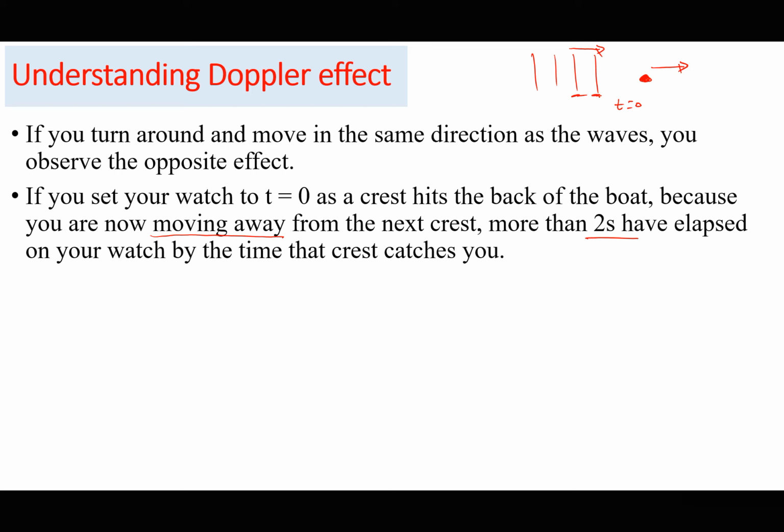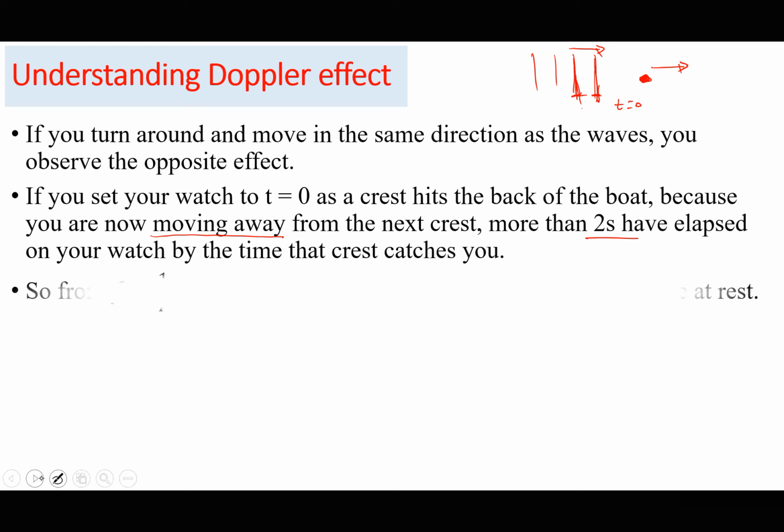So if t equals 0 when the first one hits, it is going to take more than 2 seconds for the second one to hit the boat, because you are moving away from the waves. Imagine you are running away from someone who is chasing you. That person will have to take more time to reach you, even if he's moving faster. So the time t has now become bigger.